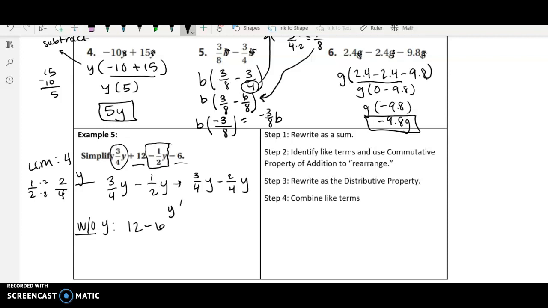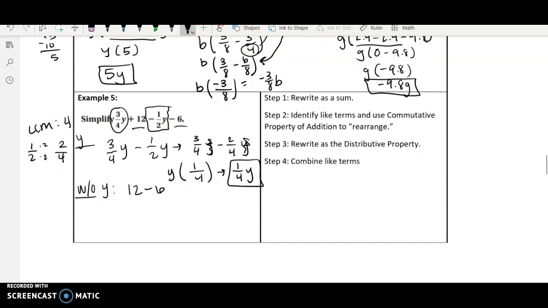I take out my y, and 3 minus 2 gives me 1. So I have 1/4. And then I rewrite that as 1/4 y. And then 12 minus 6 equals just a positive 6.